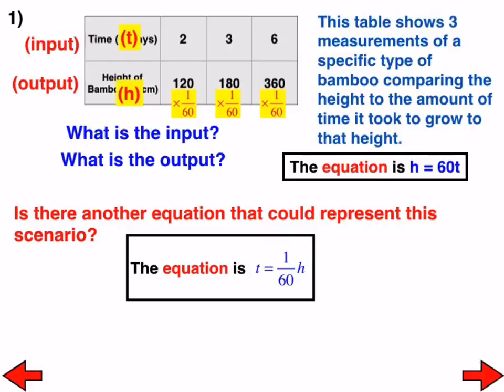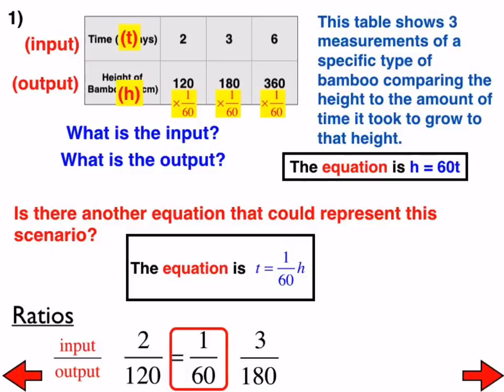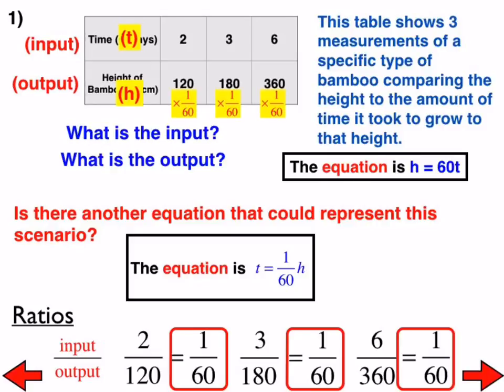Okay? So for the rest of the problems today, we are going to find the constant of proportionality and the unit rate and the equation going both directions. Okay? Going both directions. And I'm showing you here how the ratios of input over output also give us that 1/60th.